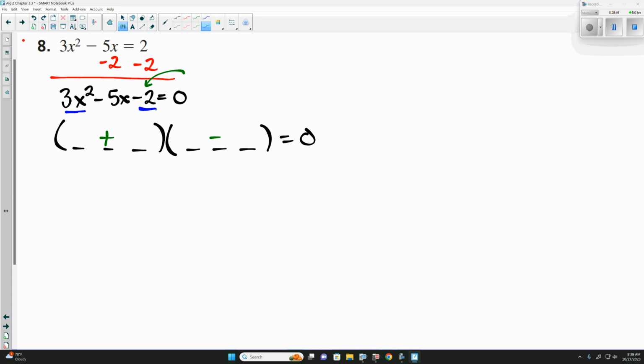One way that will be helpful for finding that is writing the variables in order of decreasing power. So the squared term first, x to the first is next, and then our constant. So 3x squared, we would have x and x. Now we just need to pick which one has 3. So I'll just put it in the first one. Factors of 2 are 1 and 2.